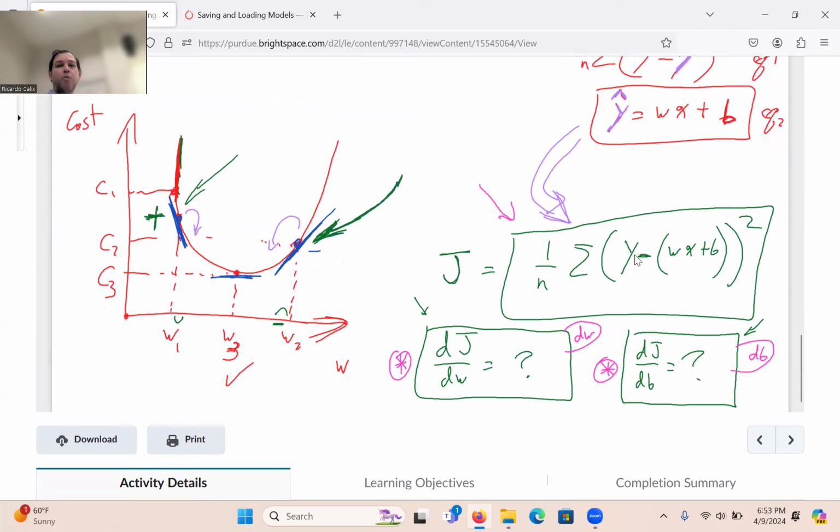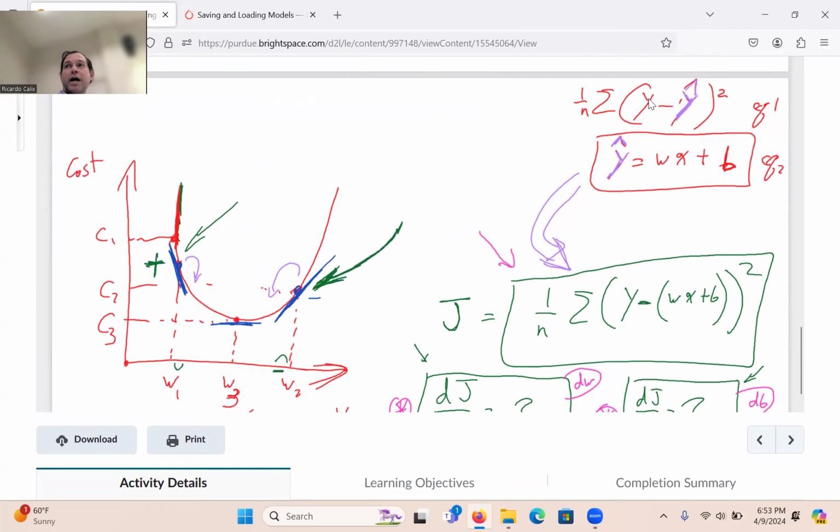Because now you have y, the real, minus, but now instead of y hat, you have in parentheses wx plus b. Do you guys see that? And so really, you're just taking the inference function and plugging it into the loss function for you to do the optimization. And that's it.